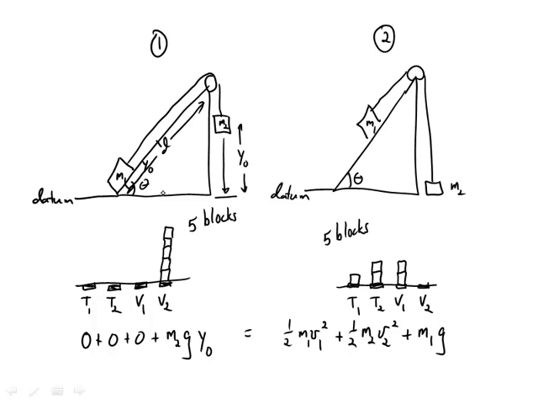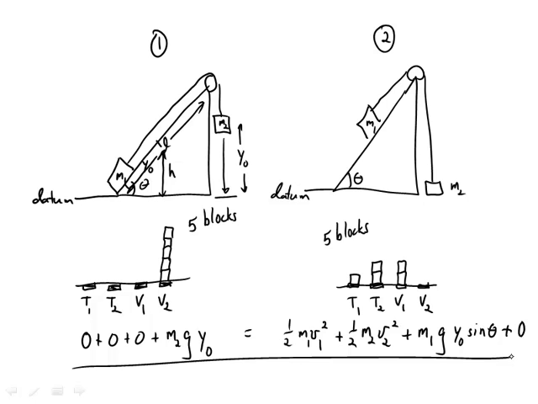But remember, gravitational potential energy only cares about the height. And so the height is going to equal y0 times the sine of theta. I'll let you work on that trig, and then plus 0. And so there's my energy equation. Of course, I can ignore the zeros because that's what they are, 0. There's my energy equation associated with my bar graphs, and that allows me then to solve this equation.